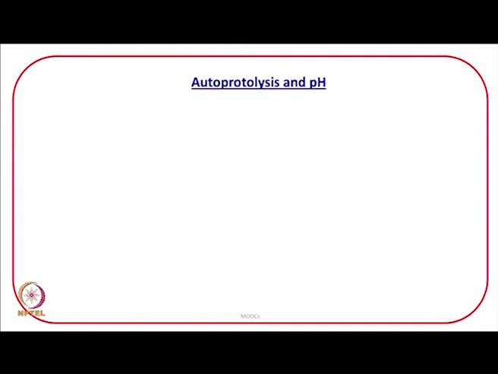Now, let us discuss autoprotolysis and pH. Water is a very important solvent. I have been highlighting the significance of water again and again.